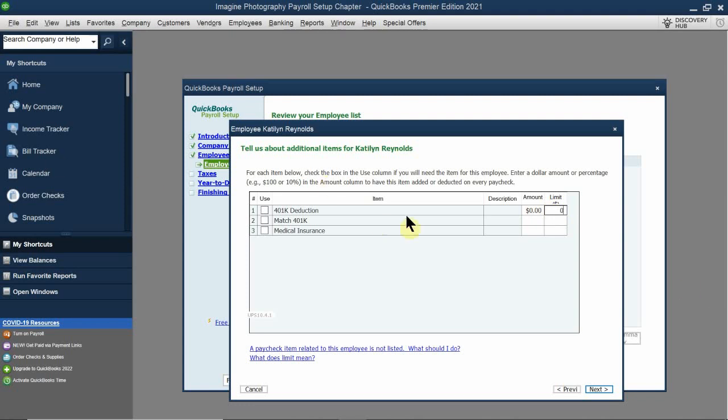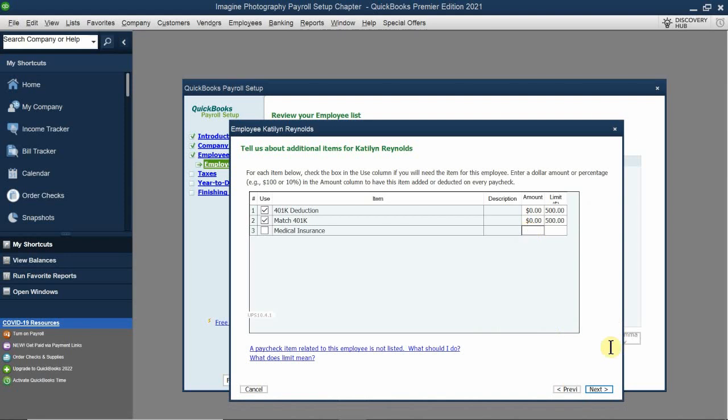And then the match is also going to be 0, because the company is going to match her up to $5,500. And then for the medical insurance, it's going to be $100 right off the paycheck.